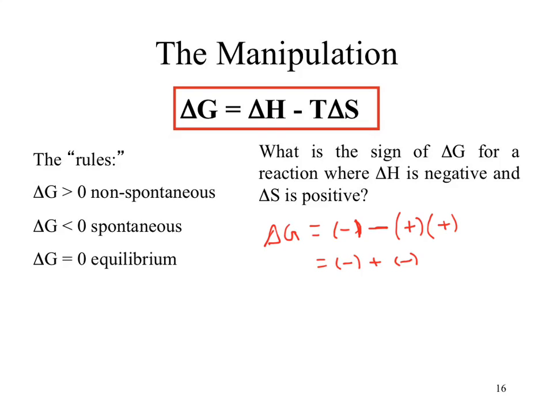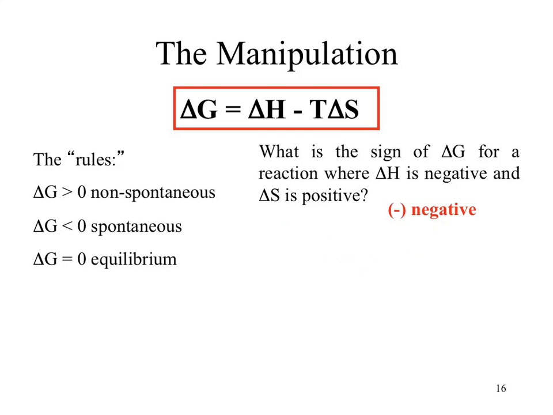A more negative number. So what's the sign on our delta G? Negative. We don't need any numbers. If we plugged in numbers, it wouldn't matter what numbers we chose. Our delta G is always, every single time, going to come out to be negative. So that's kind of nice. If I know that the enthalpy is negative and the entropy is positive, there is no condition under which that reaction is not going to be spontaneous. A couple negatives in there. I think I got that right.